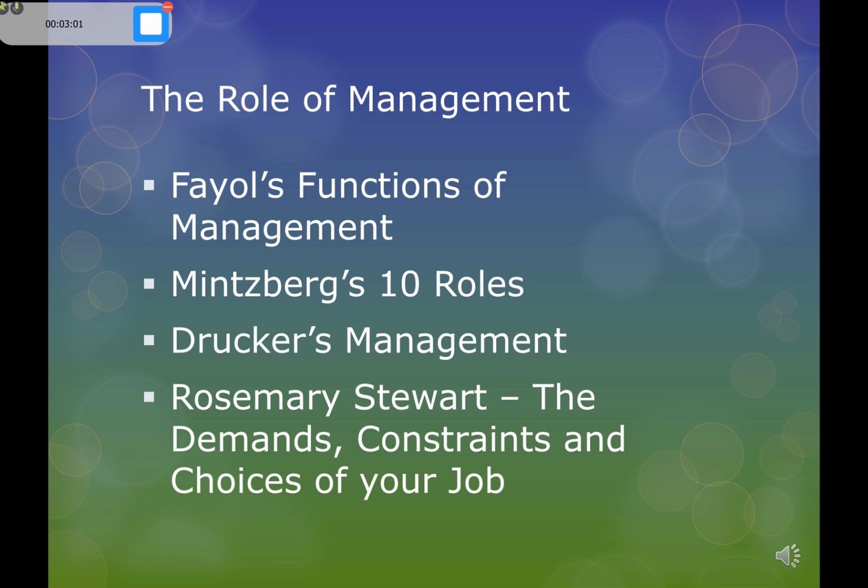There are 5 different elements within that. Mintzberg has the same kind of idea but breaks that down into 10 different roles rather than 5. Drucker has a very similar approach. Rosemary Stewart is looking at something very different, but it's still much more about how we actually complete the tasks and what factors impact on us when we're trying to carry out our duties. So these are all different theories that look at how we define what managers actually do.